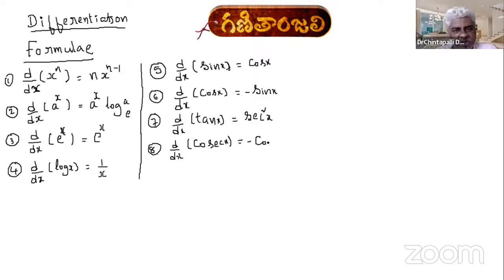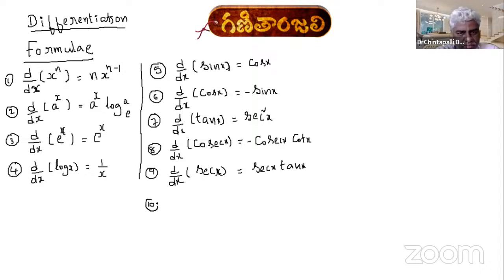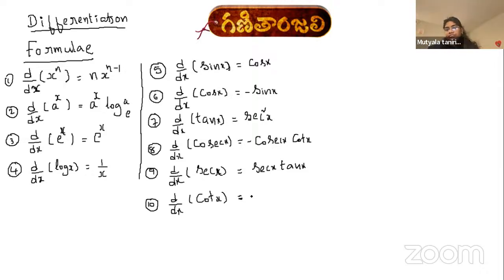It is minus cosec x cot x. d by dx of sec x, some pronounce it as sec x, is sec x tan x. d by dx of cot x is minus cosec square x.